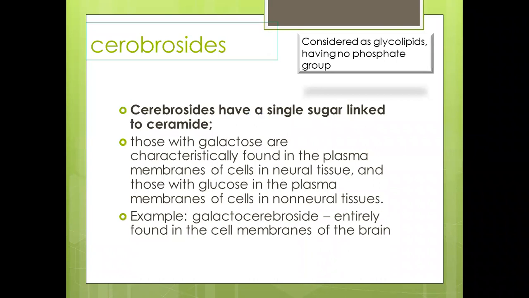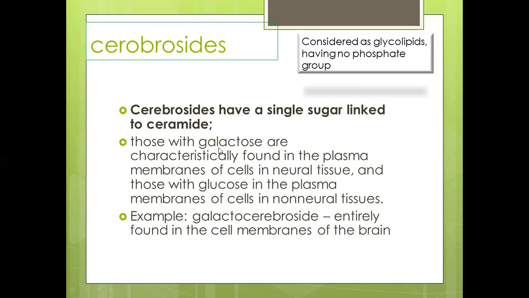Those with galactose are characteristically found in the plasma membrane of cells in neural tissue, and those with glucose in the plasma membrane in non-neural tissue. So imagine, no, makabantay na mo nga natin ang mga just a discussion, no? Why gonna bitong people who were not eating for a lot of days, especially pag nasa sila gunahon, more sila mawadan sa ilahang panghunahuna, okay?